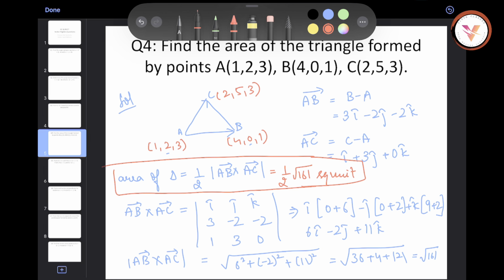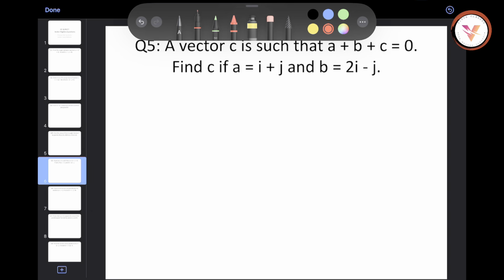Okay, now the next question is, a vector C is such that A plus B plus C is 0. You have A and B, you have to find C. So C is basically what? Minus of A plus B. It's a very simple question. Just put the value of A and then B and simply solve it.